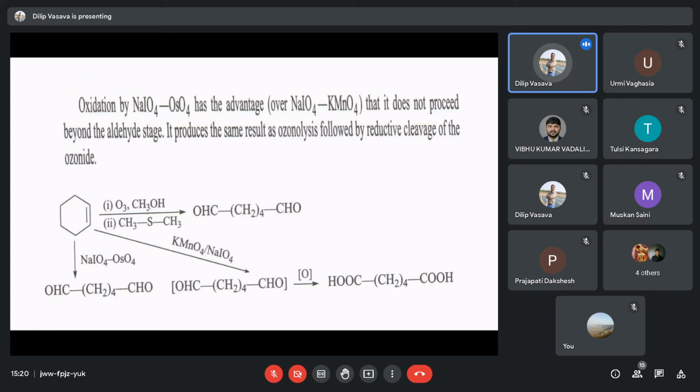This is how the KMnO4 and ozonolysis and the osmium tetroxide are taken in presence of the sodium periodate. So here when the cycloalkene is oxidized in presence of ozonolysis, then it gives the aldehyde.